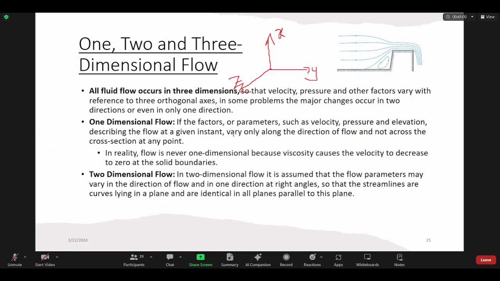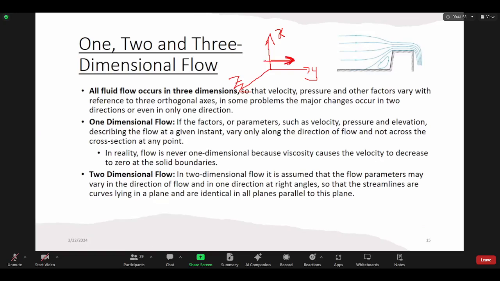One-dimensional flow means the parameters such as velocity, pressure, and elevation that describe the flow at a given instant vary only along the direction of flow and not across the cross-section at any point. It means we can consider fluid going through a pipe, and the direction is y.